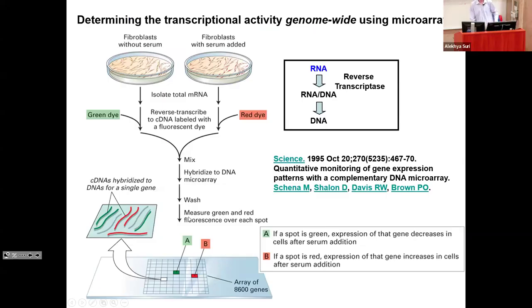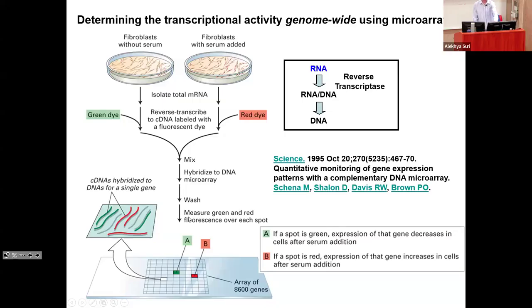This is also one other method to study gene expression throughout the genome, which is to use microarrays. So you have, for example, two different conditions. You isolate the RNA, and then you would form DNA using, again, reverse transcriptase.